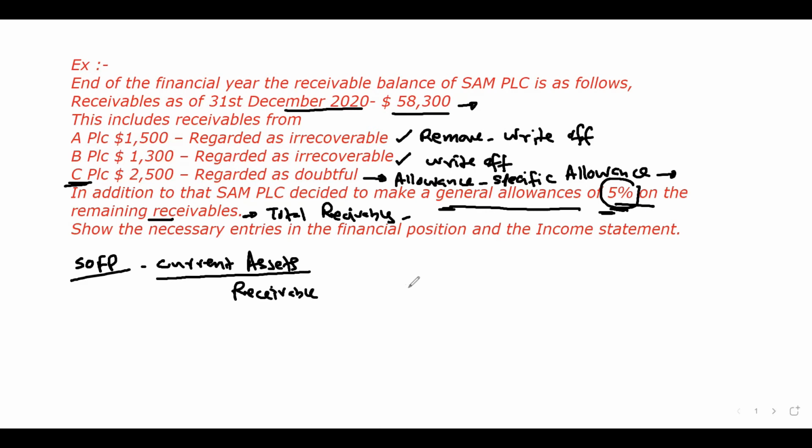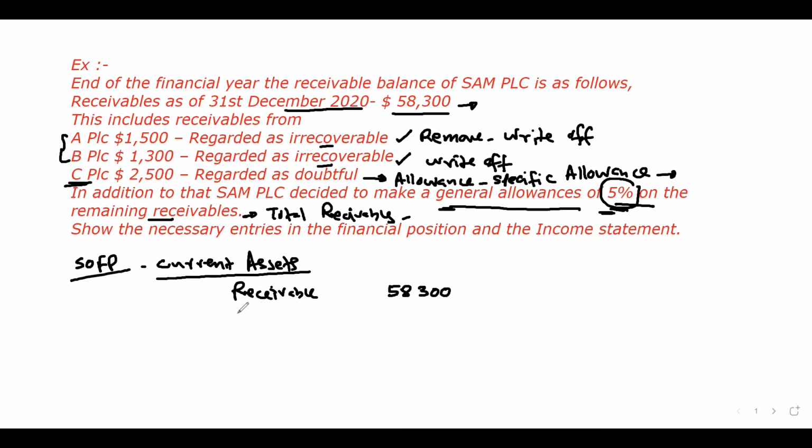The receivable balance is 58,300. Now from 58,300, what we need to do is the irrecoverable debt. So we need to write it off. How much is that?